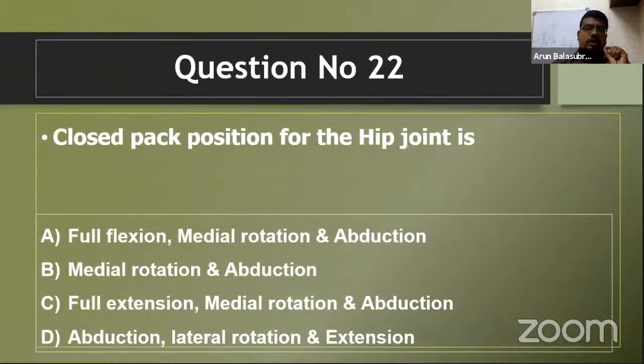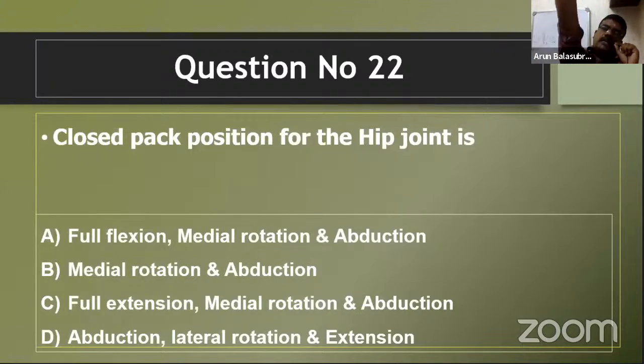Right, question number 22. The close pack position for the hip joint is full flexion, medial rotation, abduction; full extension, medial rotation; or full extension and abduction, or abduction, lateral rotation, extension. So which is called the close pack position? Every joint will have an open pack position as well as a close pack position. What is the close pack position? It is a position beyond which no further movement occurs in the joint. Why? When you do a movement beyond this, it results in fracture.